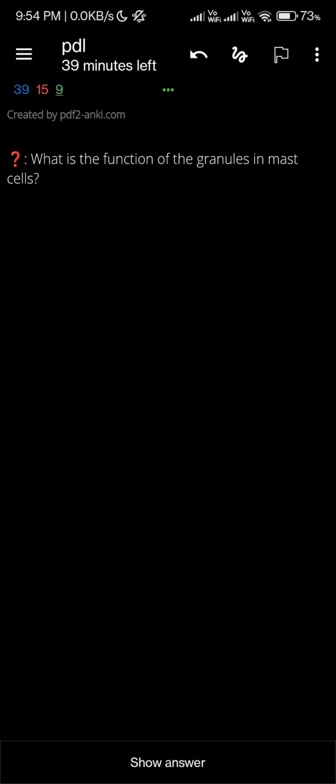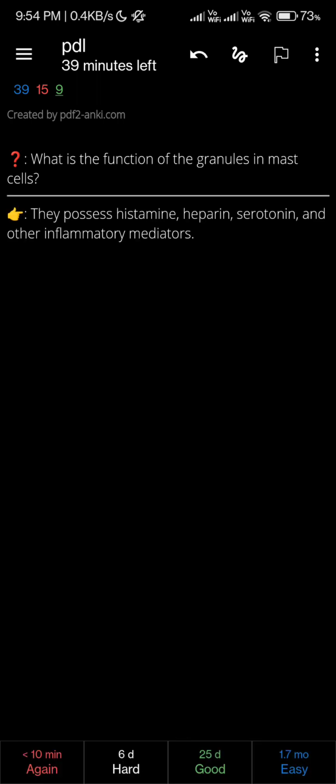So what is the function of the granules in the mast cells? Like immunity. We have metachromatic granules. They possess histamine, heparin, serotonin and other inflammatory mediators.